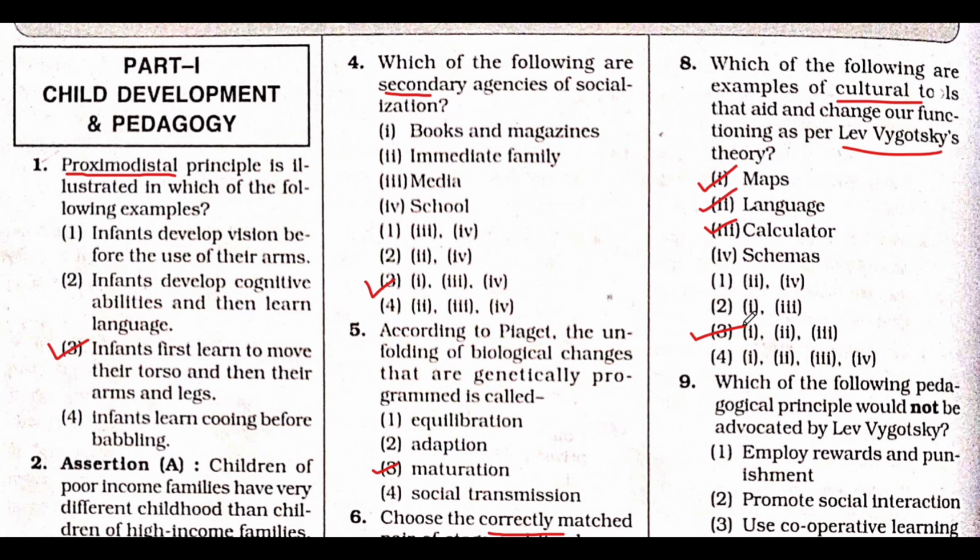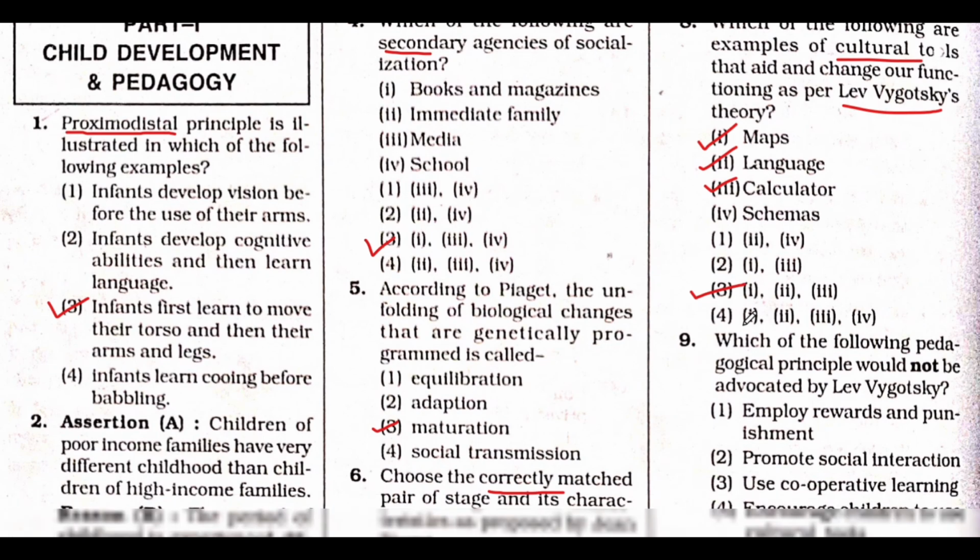So he emphasized the tools that culture provides to support thinking, so that all higher order mental processes such as reasoning, problem solving, logical thinking are mediated by psychological tools such as language, signs and symbols. So this is what the explanation can be.